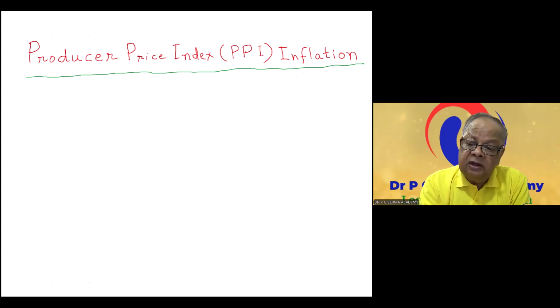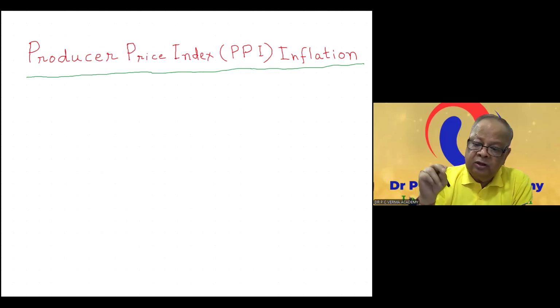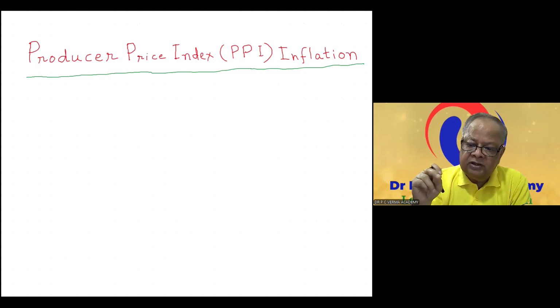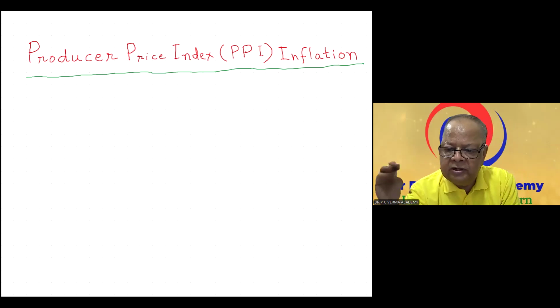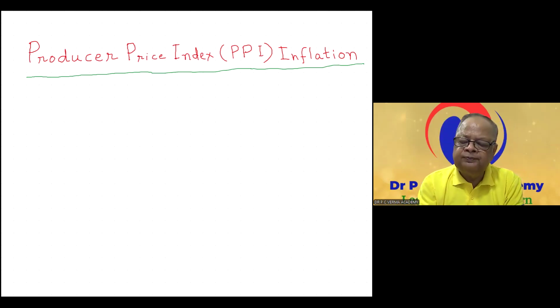But the American economy is pinpointing the production point. The Producer Price Index, PPI, measures the average change over time in the selling prices that domestic producers receive for their output.